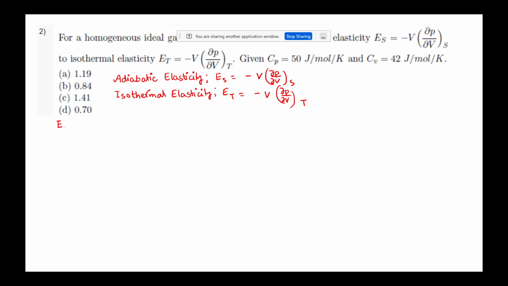So the ratio ES by ET will be del P del V at S divided by del P del V at T. Now del P del V at S can be written in terms of, how can we write it?